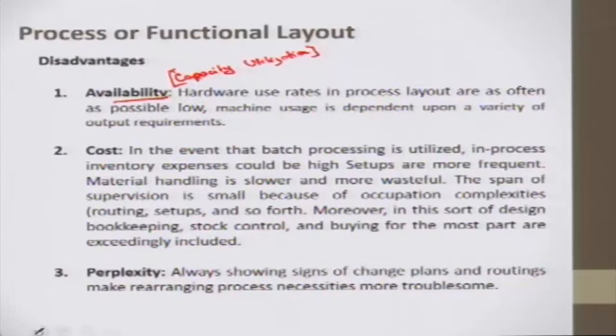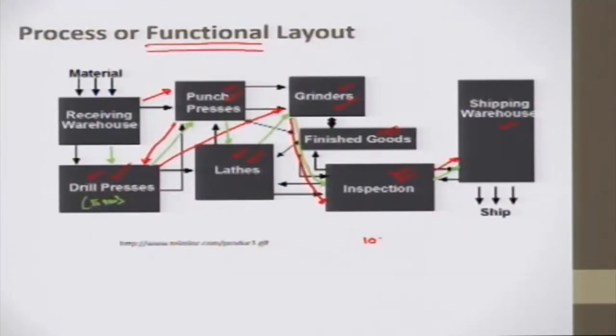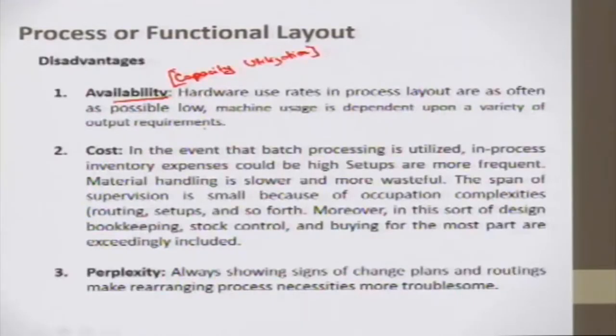For example, at certain point of time, we have 10 batches or 10 kinds of production line, and at some other point of time, we have only 2 batches. In this case, the capacity utilization would be low. The factory would be running below capacity sometimes. So the capacity utilization is a factor here.